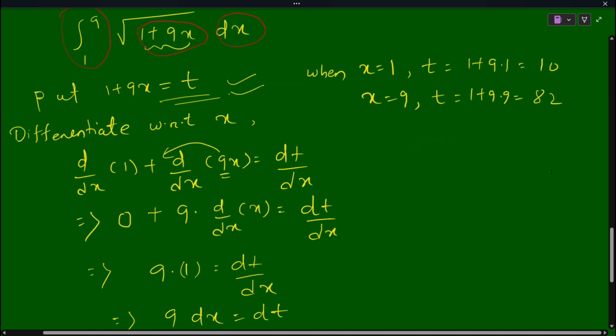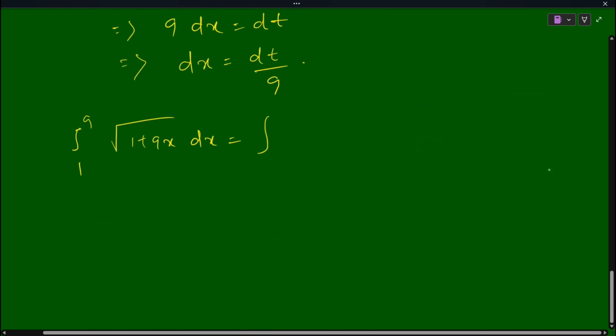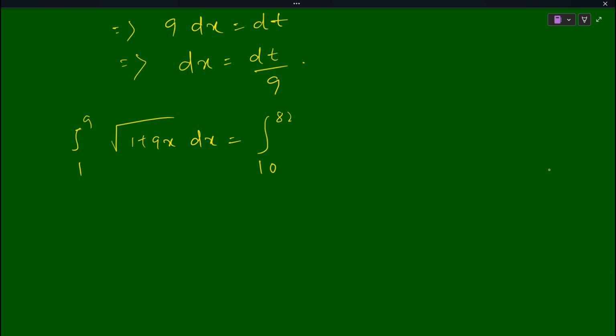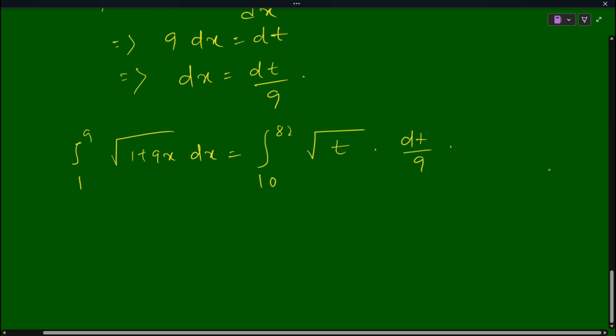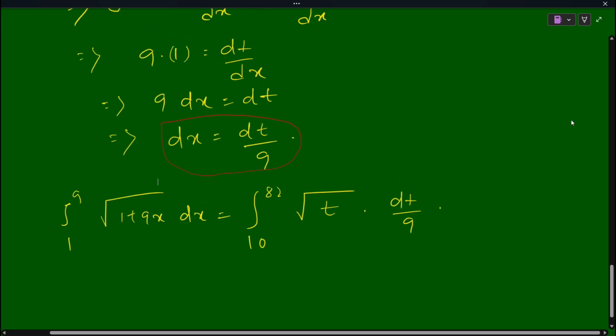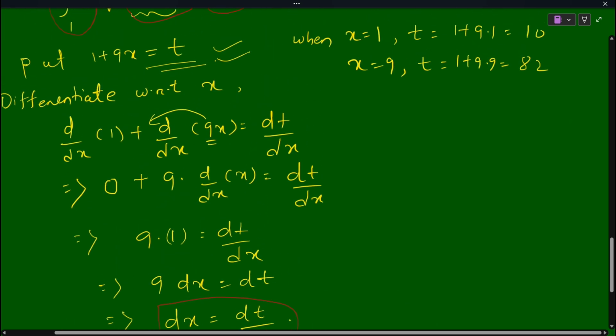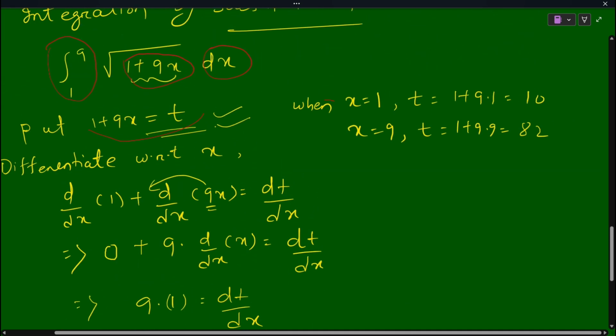Now 1 plus 9x is equal to t, and the value of dx is equal to dt by 9. So I have used these three values: one is the value of dx, then the original substitution, 1 plus 9x, and another substitution is the limits of t.